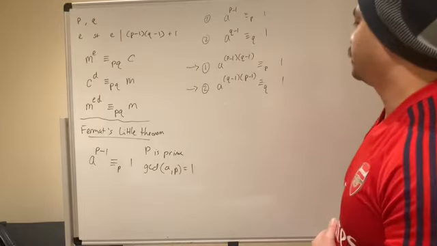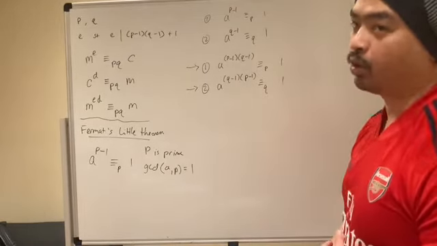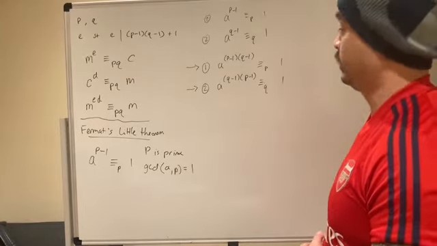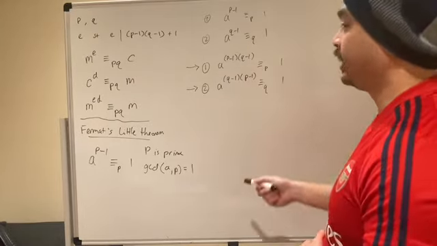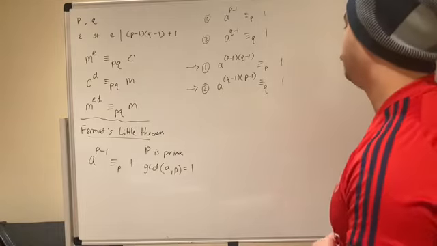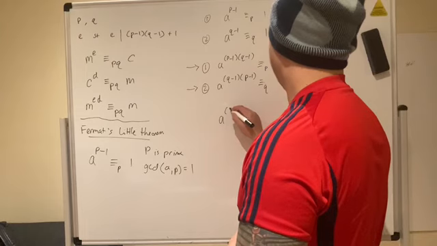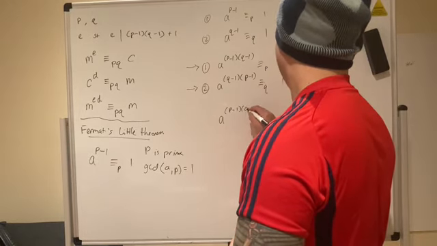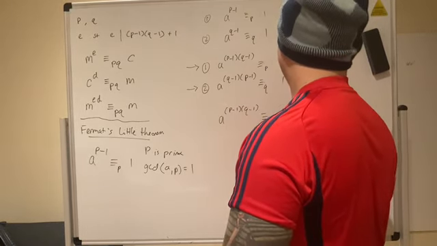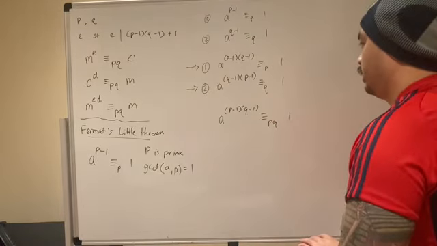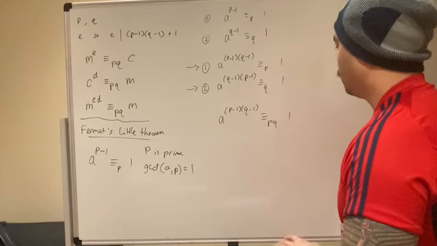Alright, so now notice that what we have here is a system of congruences where the different moduli are co-prime. So what we can do here is use the Chinese remainder theorem to give us a new statement, namely this one: A^((P-1)(Q-1)) congruent mod PQ to 1. And we're getting pretty close to the form that we want.